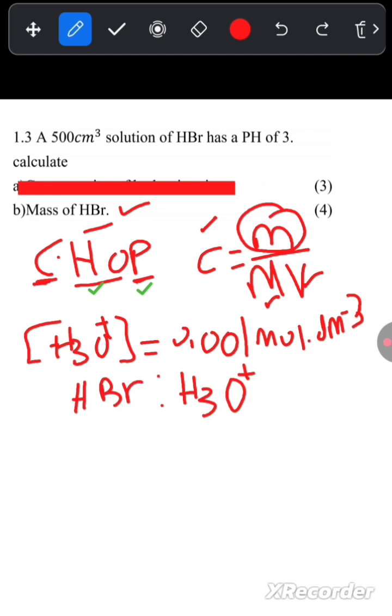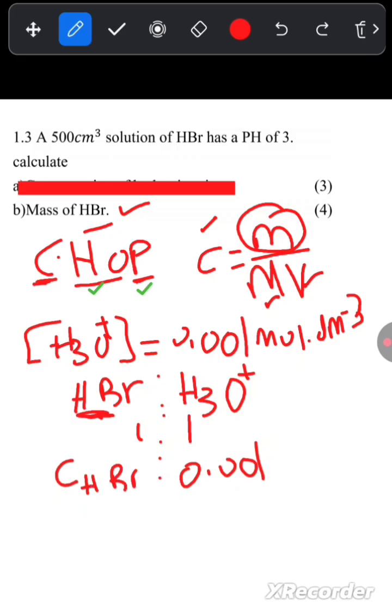Right. What is the ratio? How many hydrogens are here? There's one hydrogen, so the ratio is 1:1. Then now, I already know the concentration of hydronium ions. Then what is the concentration of HBr?